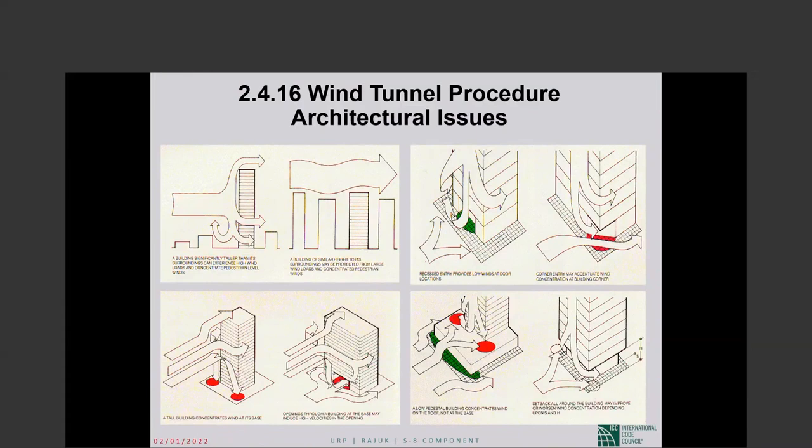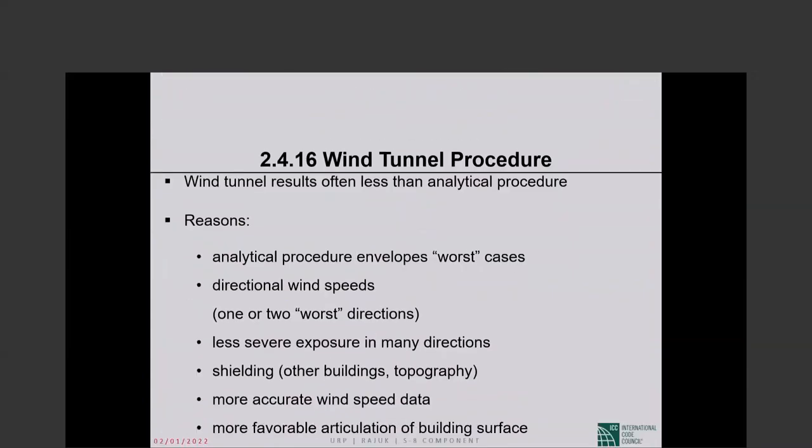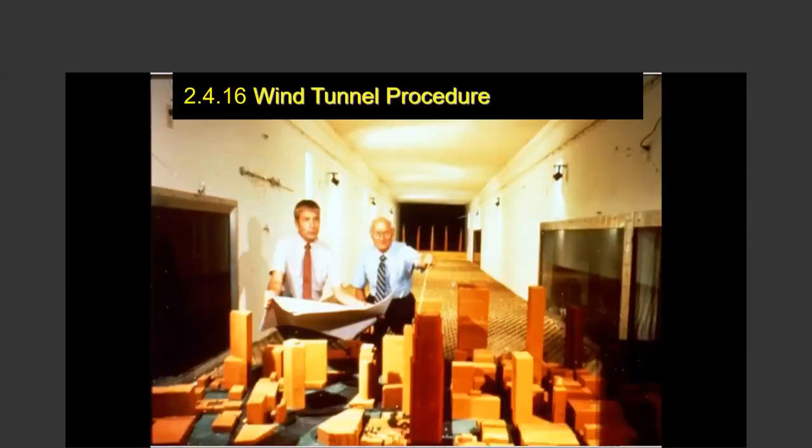There is pedestrian comfort, people who are walking around tall buildings, and all of those things can be figured out beforehand, before the structure goes in place, by proper wind tunnel testing. So this gives you reasons why wind tunnel test results typically come out to be less than given by the ASCE 7 analytical procedure. I have a few pictures that you may find of interest, and after that I quit.